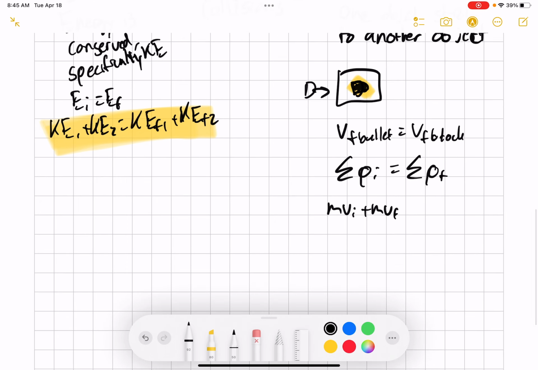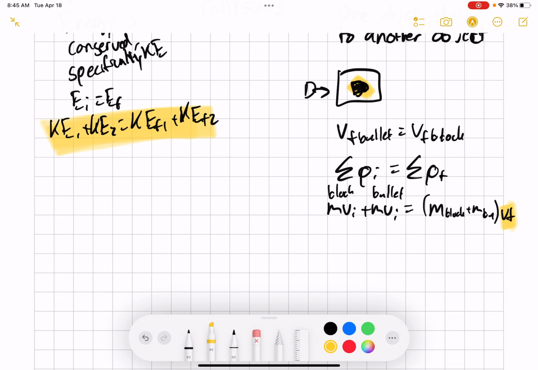So these would be our two objects, maybe this is the block and this is the bullet. Remember, if the block was not moving, you wouldn't need to write it, but in this case, we've just written it to show you. And then this is going to equal only one momentum. So I'll have just m block plus m bullet times vf. Okay? And so this is kind of how it sets up.